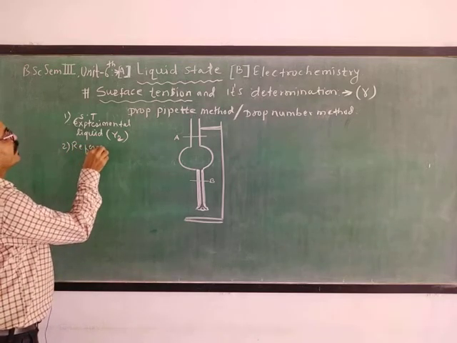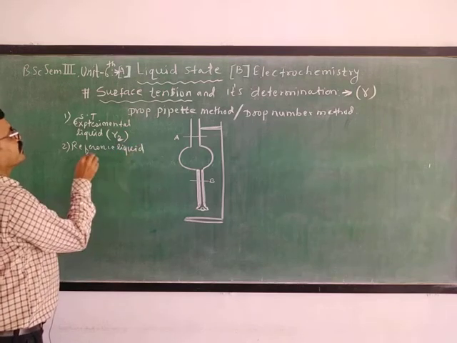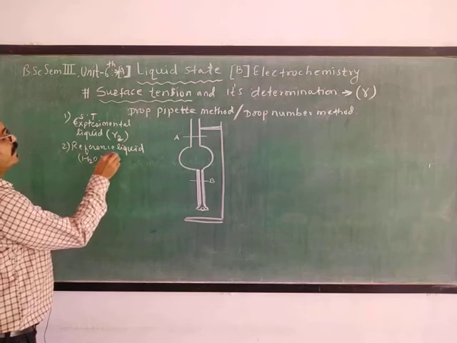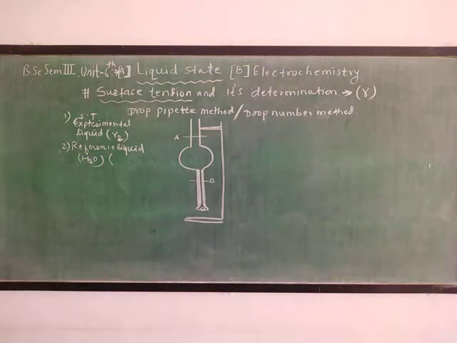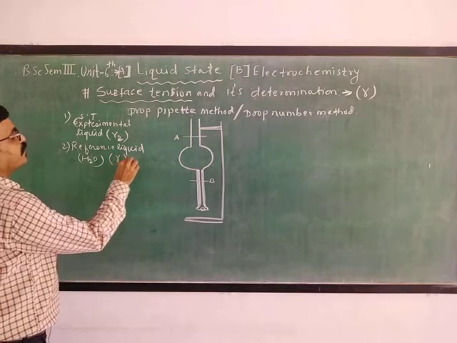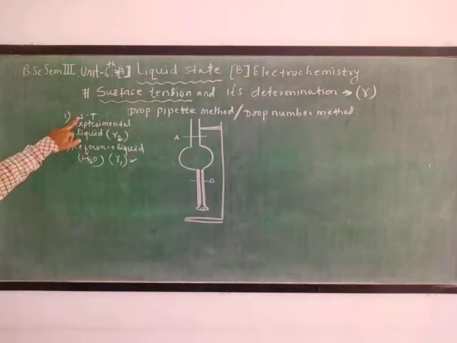That liquid is called the reference liquid, and the reference liquid is water. From the theoretical or literature value, its surface tension at a particular temperature, gamma 1, is known to you. We have to determine the surface tension of this experimental liquid, that is gamma 2.